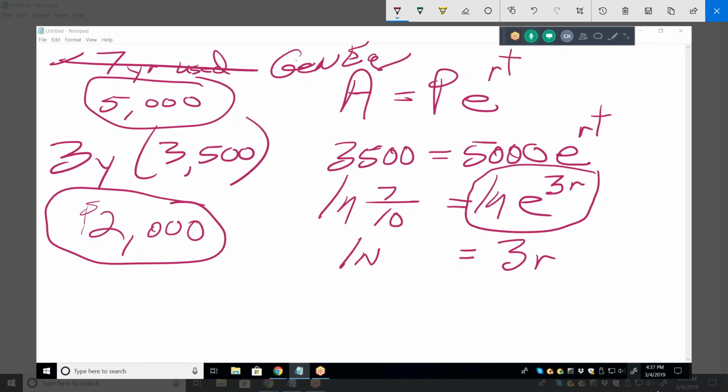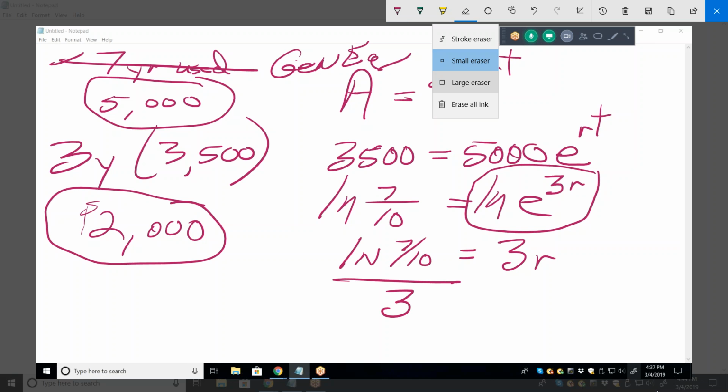Now we still have this over on the left side. We're going to divide that by 3 to solve for r. And let me point out one thing. When you take the logs of numbers between 0 and 1, they are negative answers.